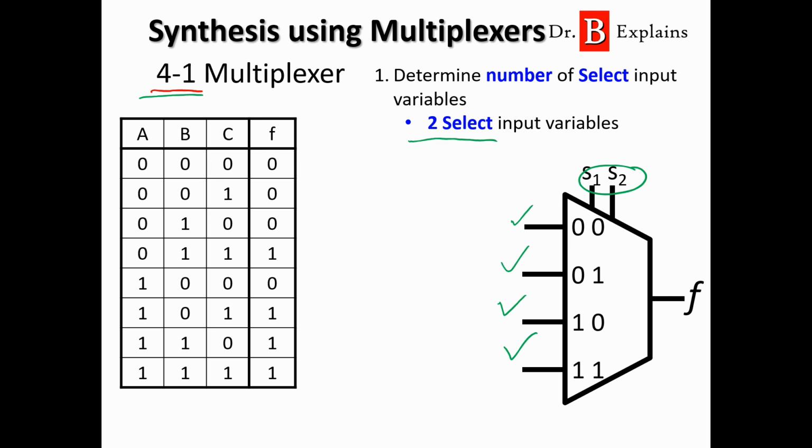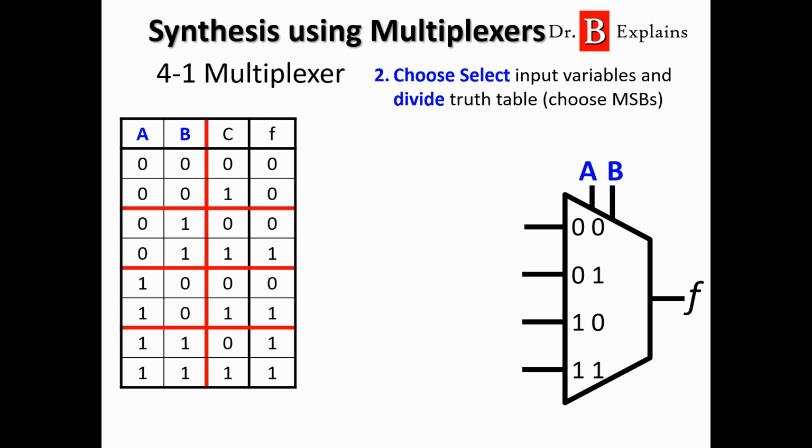And so we're starting from a given truth table from a problem. So given a truth table, or if we have a written problem, from those directions we can have a truth table created from the verbal instructions. The second step is to choose the select input variables, and then divide. Since I have A, B, C as my inputs of the truth table, I'm going to select the most significant bits for my select.